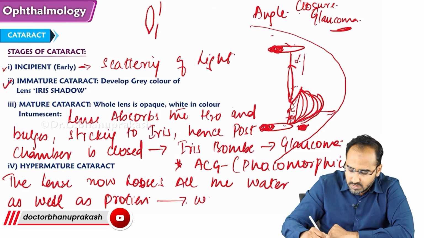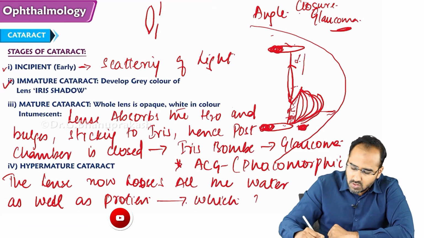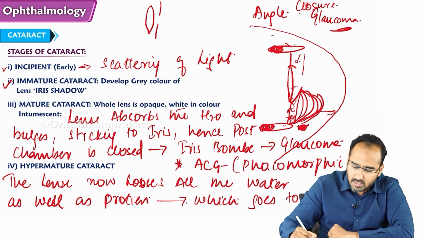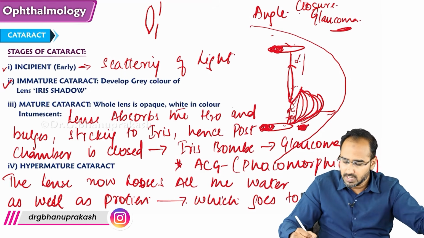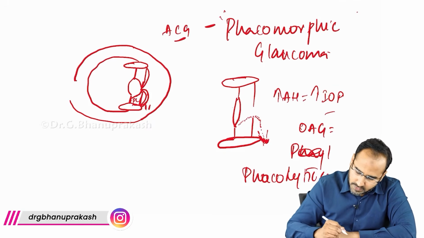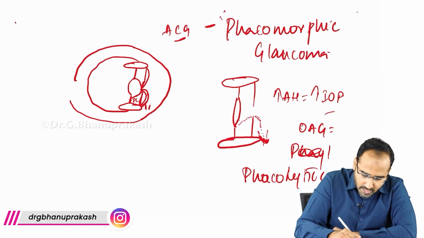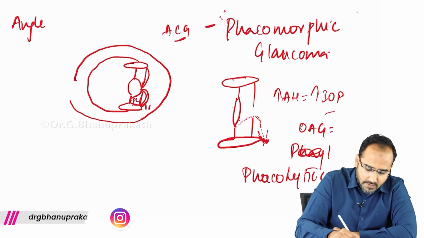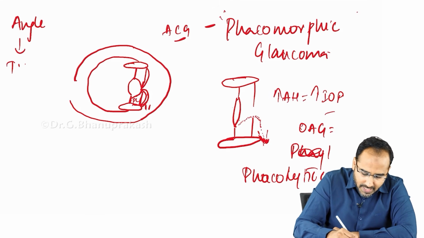Which goes to the angle, from the angle it goes to the trabecular meshwork.